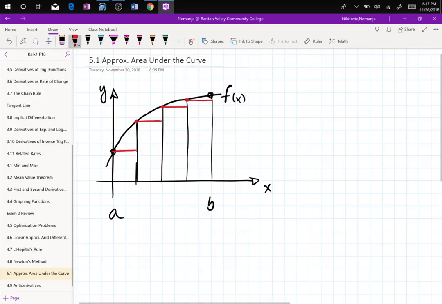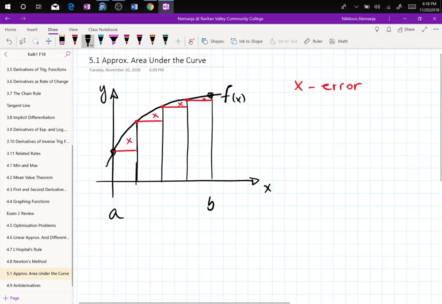Now, I understand that there is error here. These are all error, right? We can mitigate and improve on that, as we'll see, by picking more of these rectangles. But let's deal with this first.